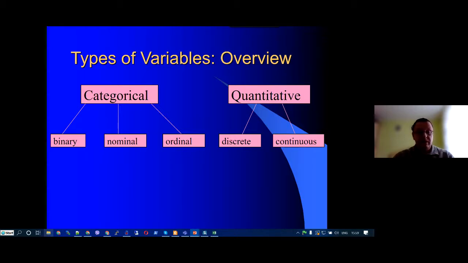Categorical variables also have to be split into three groups: binary, which have only two values; nominal, which contain more possible category values; and ordinal, when we can add some sort of order to our data set. With quantitative variables, we deal with discrete and continuous variables, where discrete are represented as numerical values and continuous are uninterrupted.